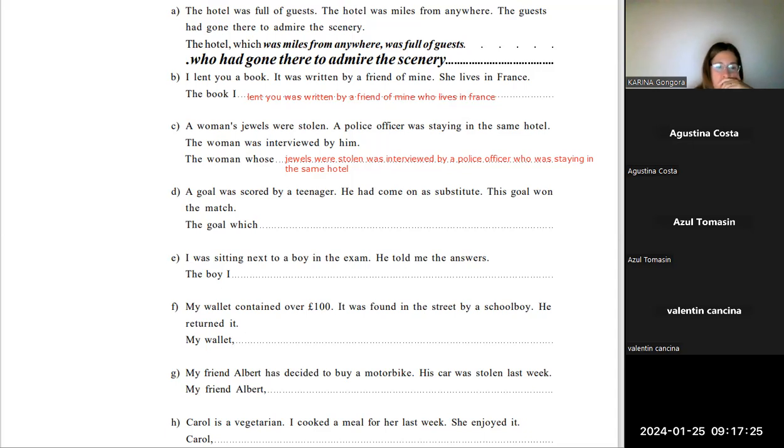But remember there, after teenager, I wouldn't put the comma because it is important information. Very good, that was perfect.